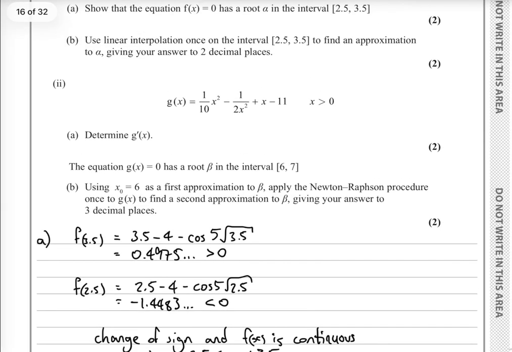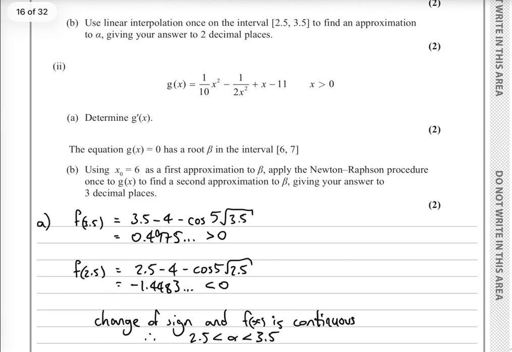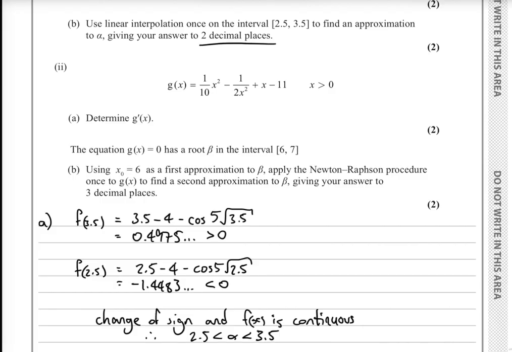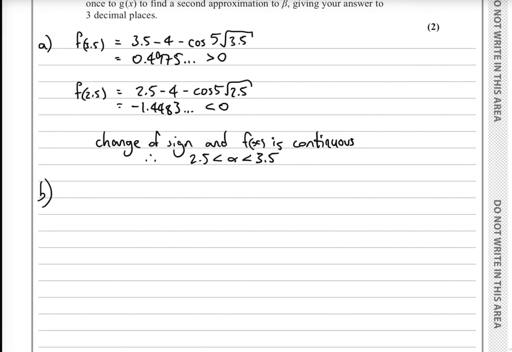Part B, using linear interpolation once on the interval, find an approximation to alpha to 2 decimal places. So linear interpolation is where we are kind of looking at the graph. You don't need the graph to do this, but it's all about the idea that this point here at 3.5 is giving us a positive value, 0.4975 dot dot dot, and here at 2.5 we're getting a negative value, and that's our minus 1.4483, obviously not to scale.